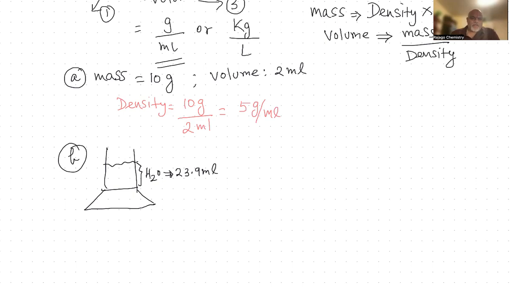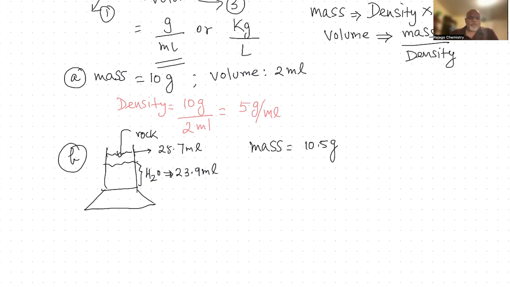Then inside this, I threw a rock, and the water rises. The new volume is 25.7 ml. Now, the mass of this rock is 10.5 gram.